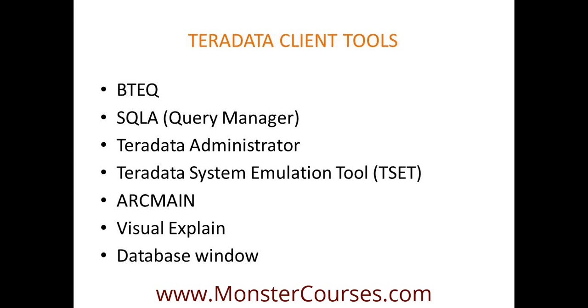So you are just moving the data from production to test, and for that you have Arcmain. Arc stands for A for archive, R for restore, and C for copy. These are the three things we do from Arcmain.